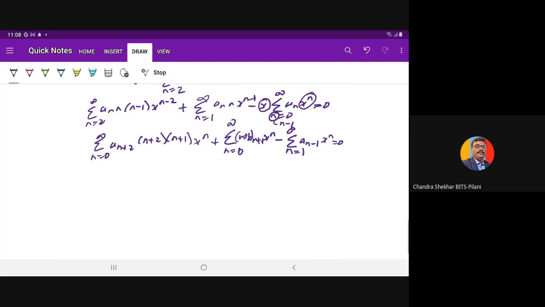So in the first, when we put n is equal to 0, you will get a2 with 2 into 1, so 2a2, right?